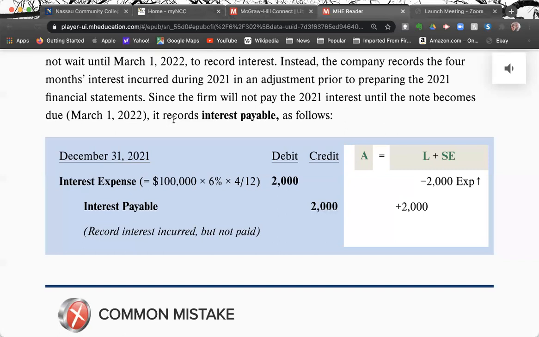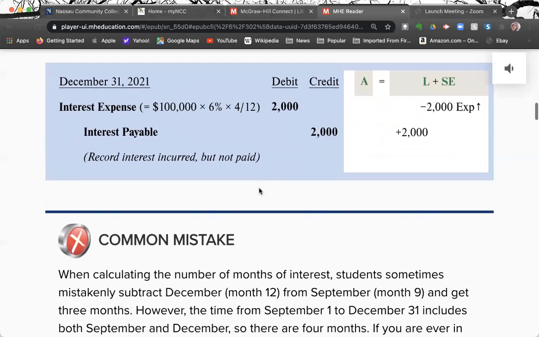It's 3,000, isn't it? 100,000 times 6% for half a year is $3,000. Now, $3,000 of interest, we've already recorded $2,000 here. So that means that the interest expense that gets recorded in the next time period would be $1,000.